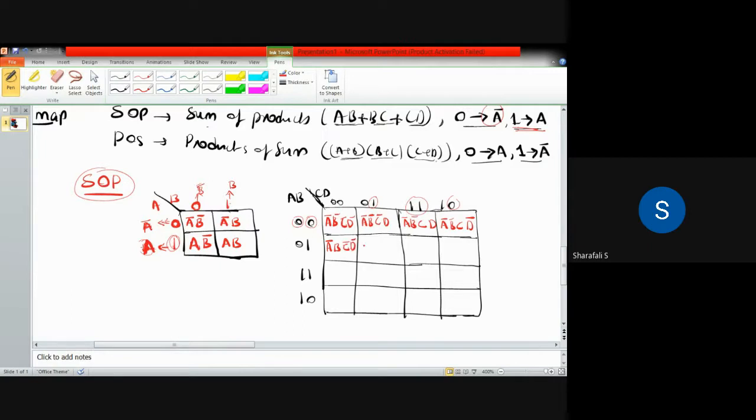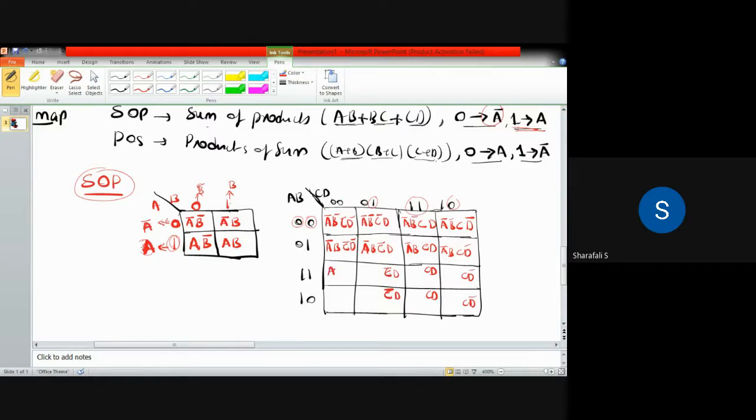So in this entire row we have the first two terms as A bar B, A bar B. And in this entire column you have C bar D as your last two terms. Here we have the last two terms as C D, and here C D bar.